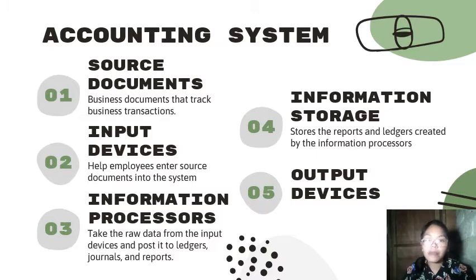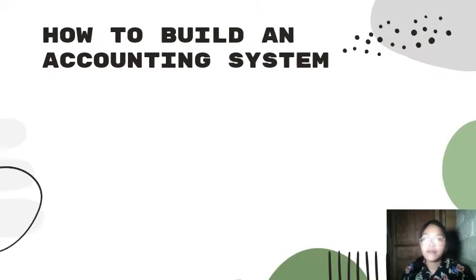However, file cabinets or those manual setups are still considered storage devices. Then output devices like monitors, printers, and projectors are any devices that take information from the system storage and display it in a useful way so that it can be used.